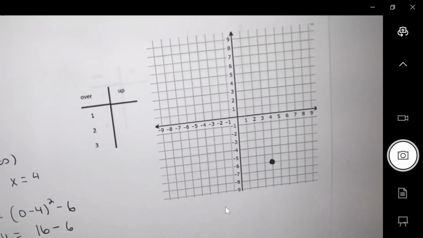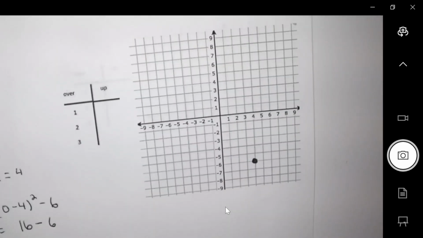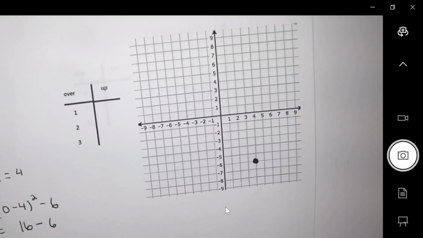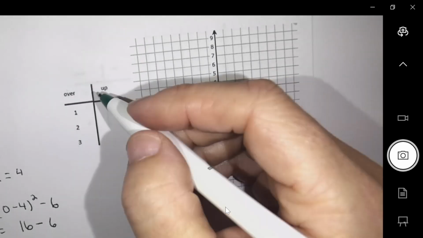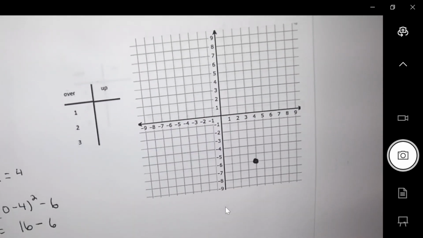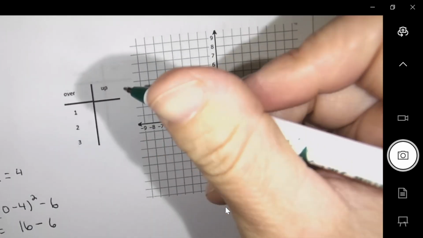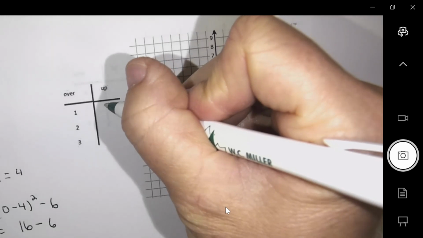Okay, let's go to the graphing part of it. So there's the 4, negative 6. And what's the over-up pattern on a quadratic? 1 over, up 1.